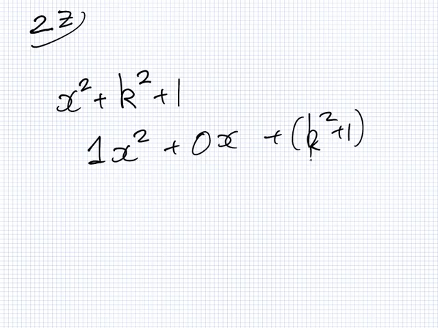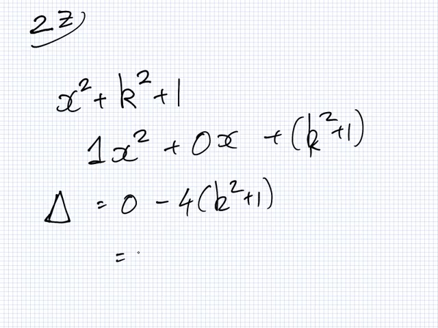But you don't need to do this, no you don't, but just to keep it the same as the other questions. The discriminant is b squared minus 4ac. The discriminant is minus 4k squared minus 4. Clearly negative, so that means no roots.